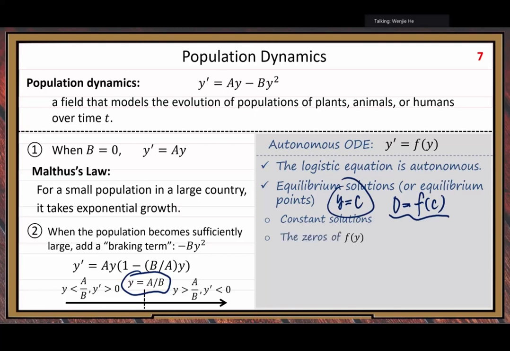In order to find these equilibrium points, you need to find zeros of the f of y function. They are also called the critical points of this equation, just some special names. All right, so we complete this part.